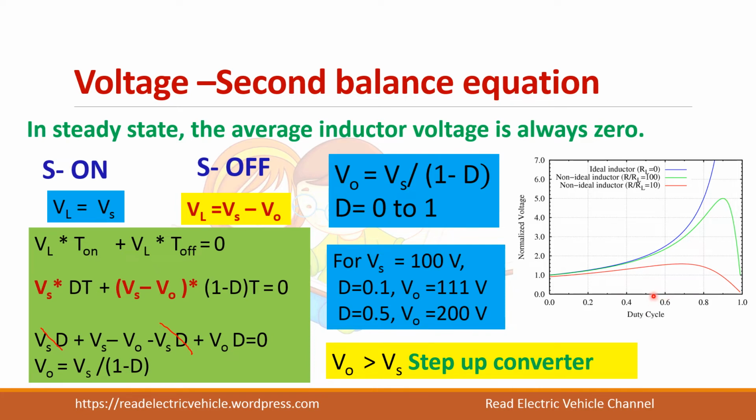But the same converter, when you operate at a higher duty cycle, you can see that though you increase the duty cycle, voltage reduces. This is how a practical circuit will behave. This is mainly due to the presence of internal resistance in the inductor. So inductor design plays a major role in the performance of boost converter.